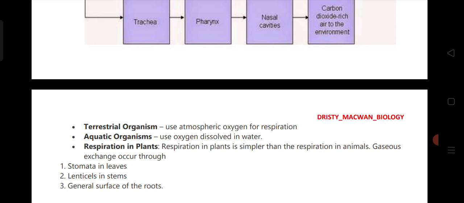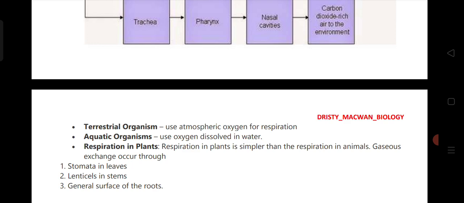Clear? So here we complete this topic of respiration. Today we have seen the definition of respiration, what exactly respiration is, and the two types of respiration, anaerobic as well as aerobic. Then we saw the human respiratory system and the two mechanisms of respiration, the inhalation part as well as the exhalation part.